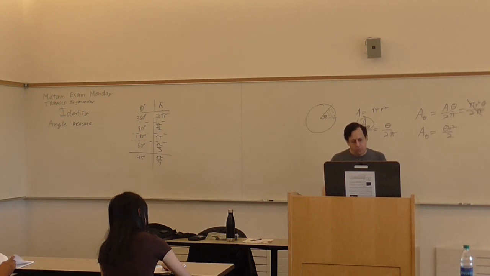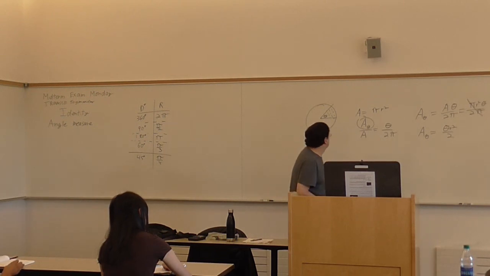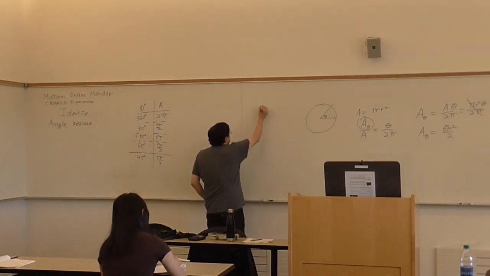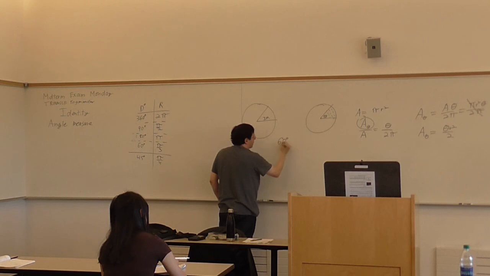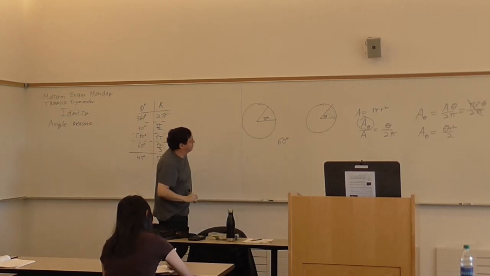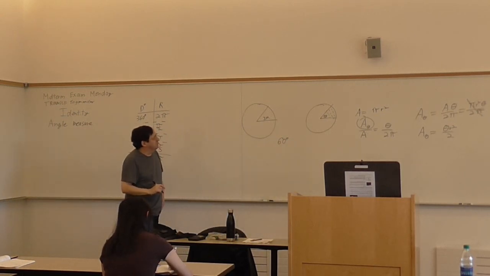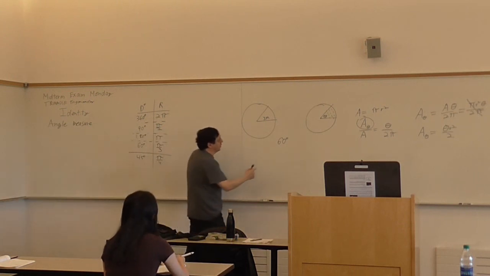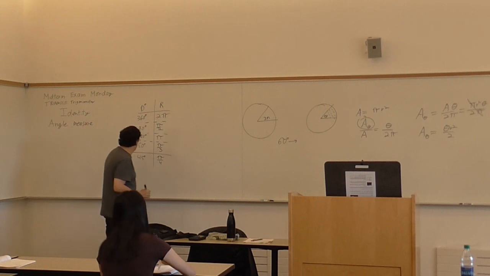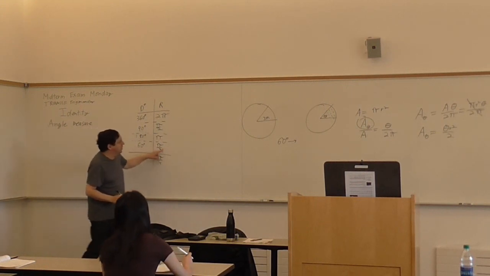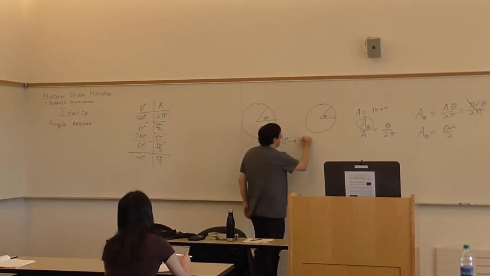All right, let's just do one simple example. I have a circle. Its radius is 3 meters. And I want to know the area of a sector which is 60 degrees. Well, first thing I want to do is convert my 60 degrees over to radian measure, so that's just pi over 3.